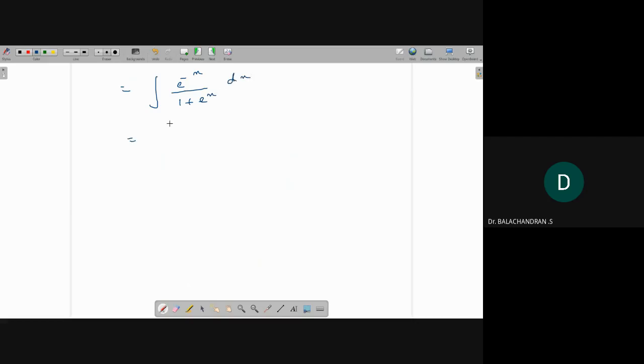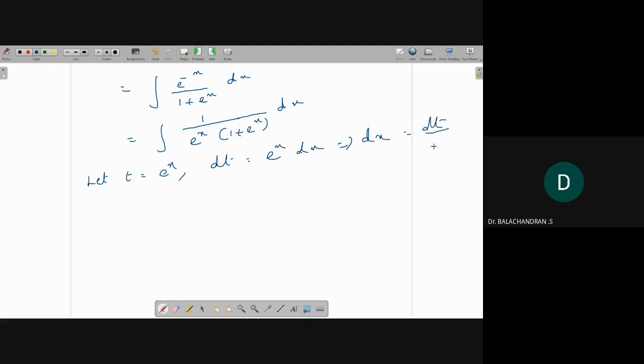Or you can write this as integral 1 by e power x into 1 plus e power x, into dx. So let us take t equal to e power x. Dt equal to e power x into dx. So this implies dx is equal to dt by e power x.